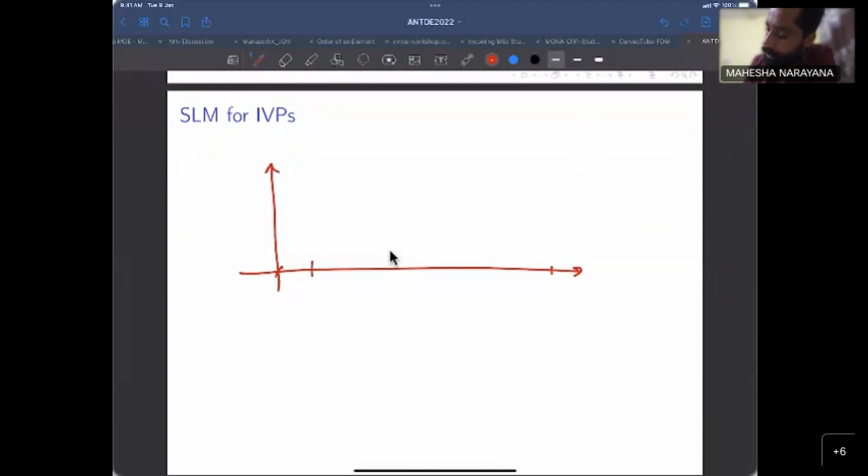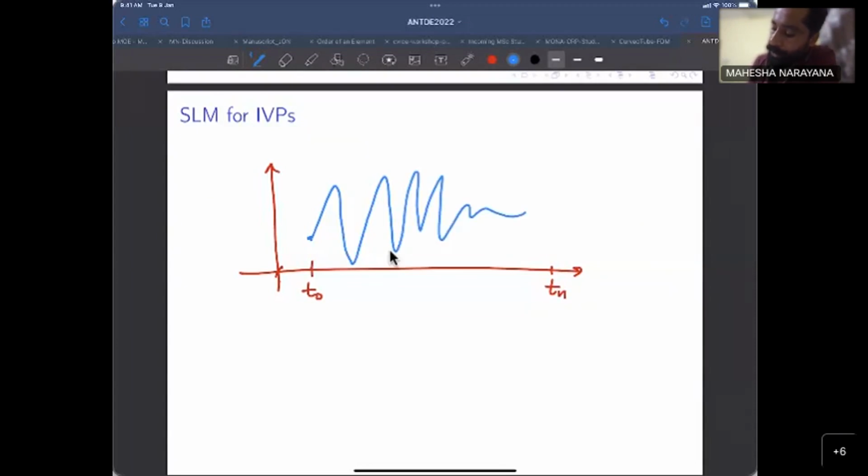Assume that your solution has some chaotic behavior, like it varies abruptly over small intervals. In that case, your SLM does not work as it is. It cannot handle these small variations.